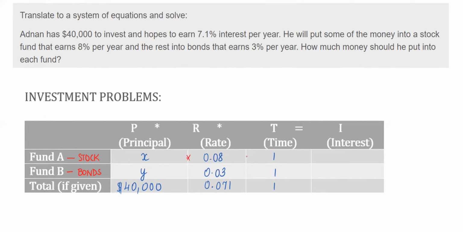The columns are to be multiplied to get the last column. 0.08x, 0.03y, and 40,000 times 0.071.